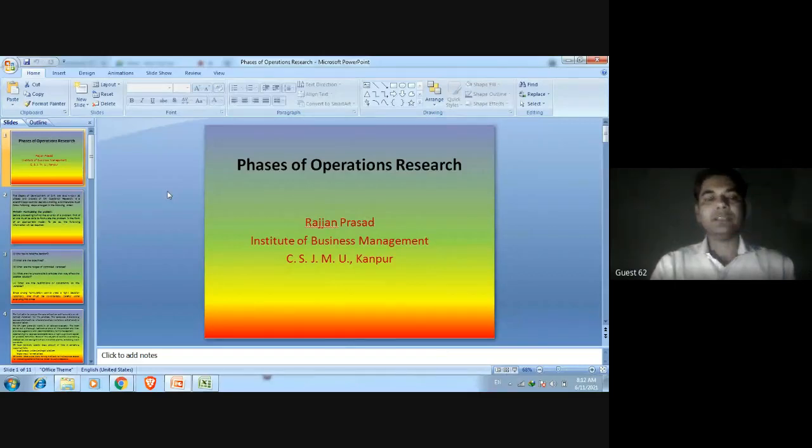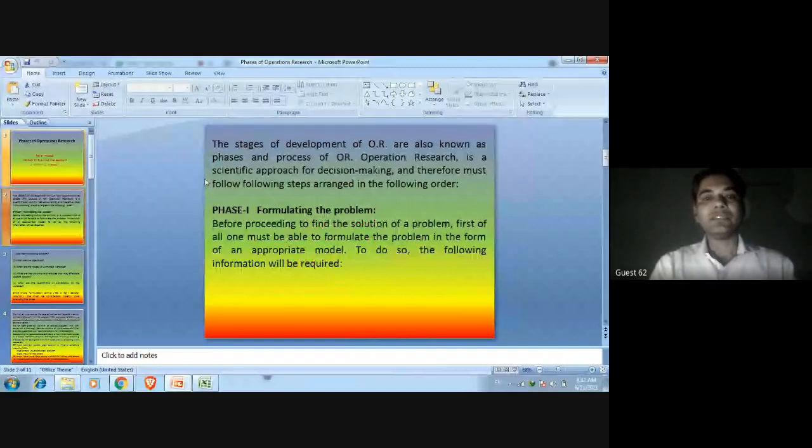We will learn how operations research techniques or models developed. So this is called the phases of operations research. The stages of development of work, also known as phases and process of operations research.